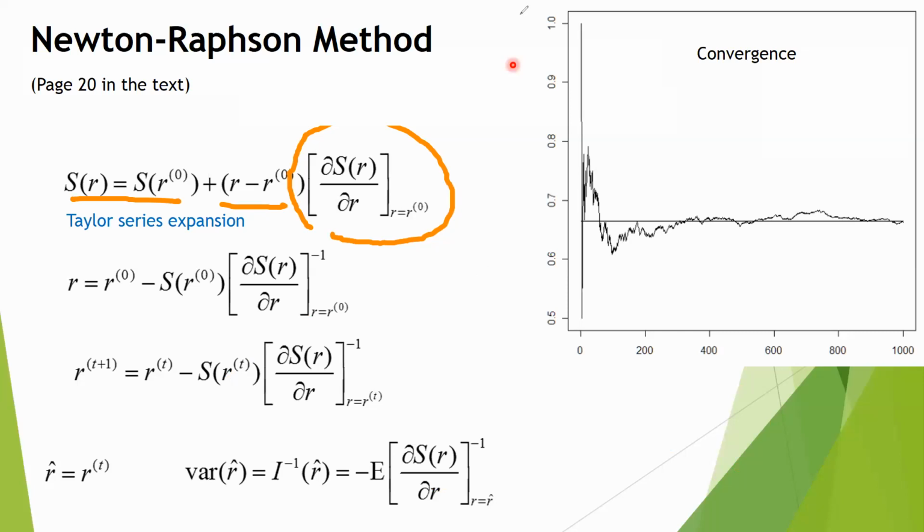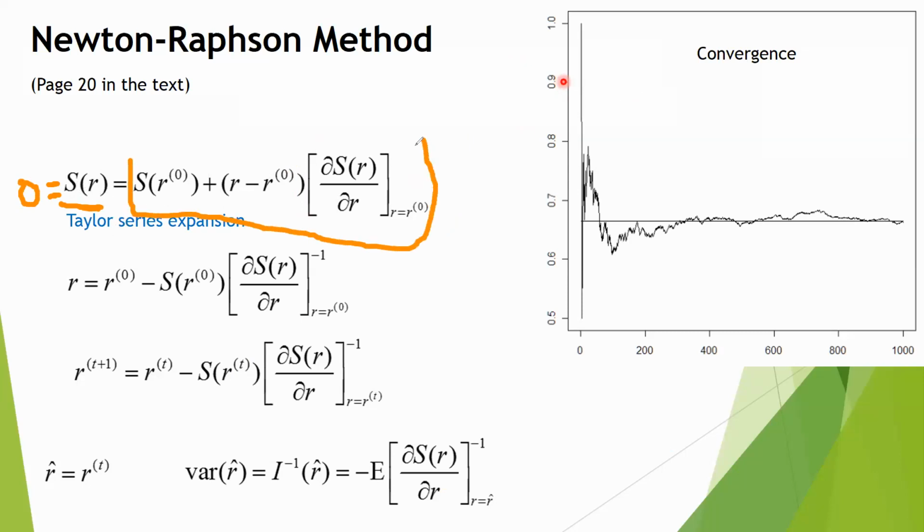Okay, good. All right, so if we understand this, then another thing is when we try to estimate R hat, right? We usually set the first derivative at R equal to 0. If we set this to 0, we can easily solve this for each iterative step, right?